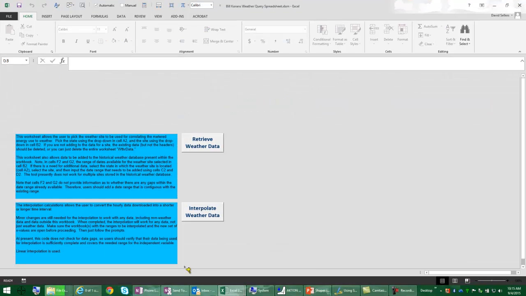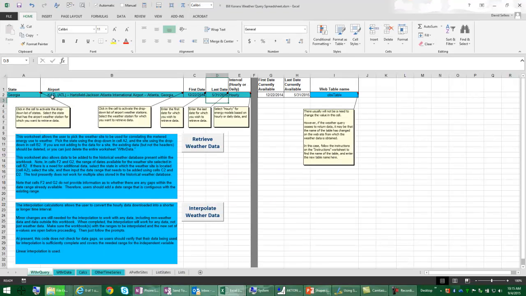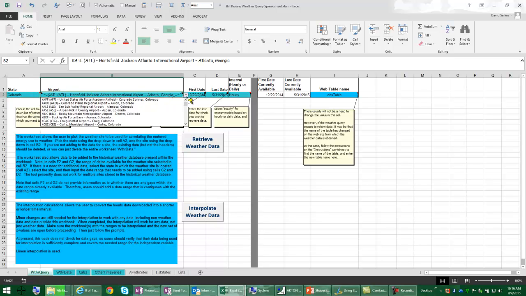So if I go and get that file and I pick Colorado, and then I see what my choices are once I've picked Colorado. Let's see if there's anything. Golden's really close to Denver, so if there isn't, I think there's a little airport near Golden, but if nothing else, I could pick the Denver International Airport, and I would probably be pretty close here.